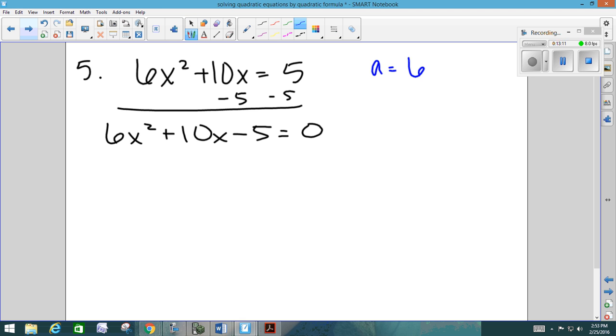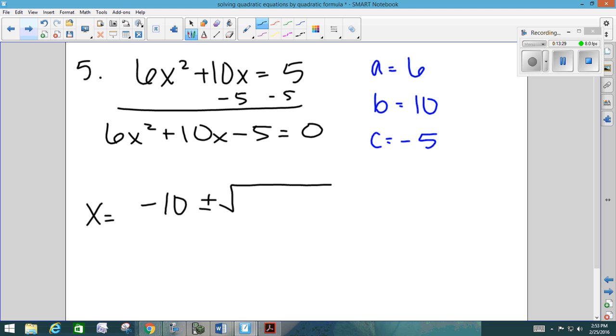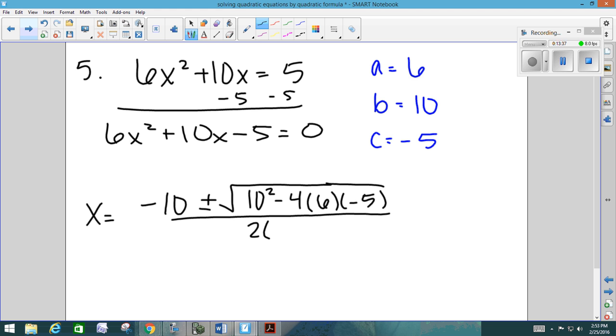And my b value? 10. And c is negative 5. X equals negative b, so negative 10, plus or minus the square root of 10 squared minus 4ac all over 2a.